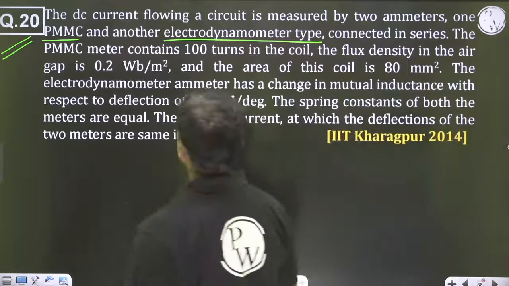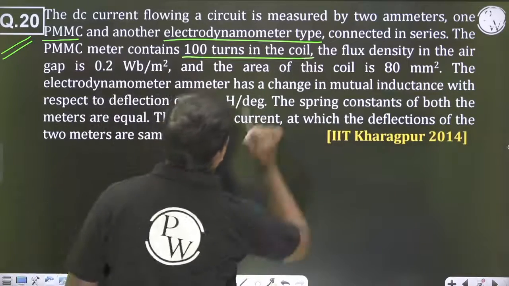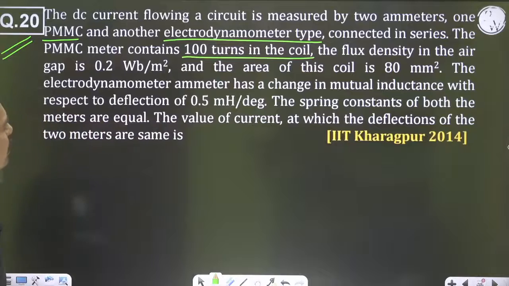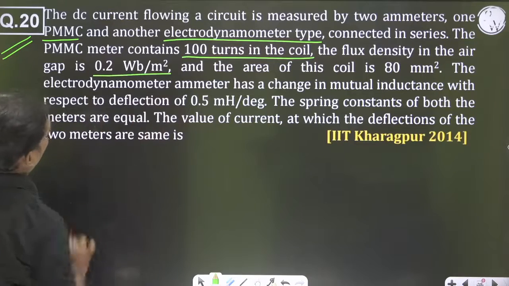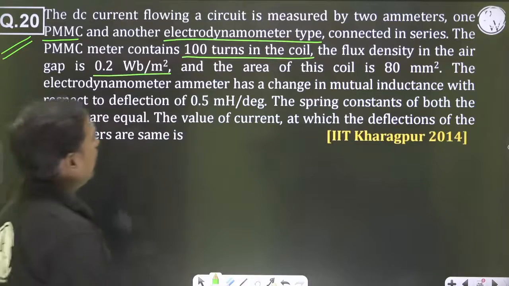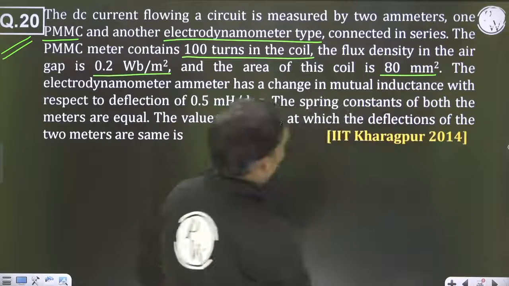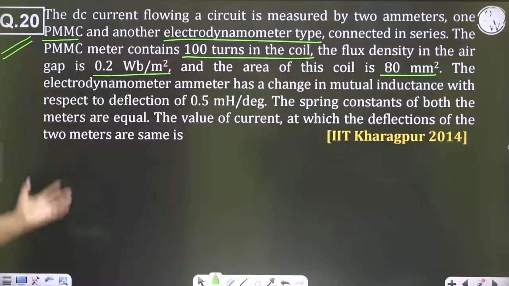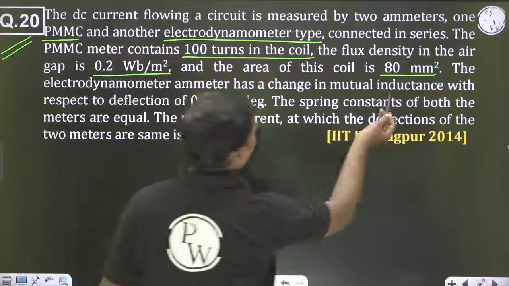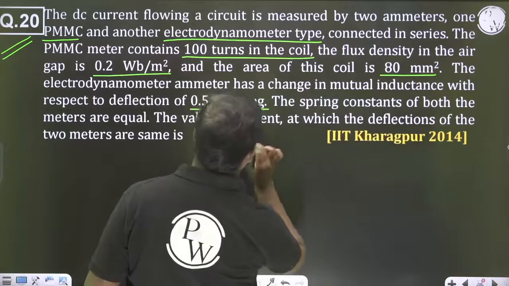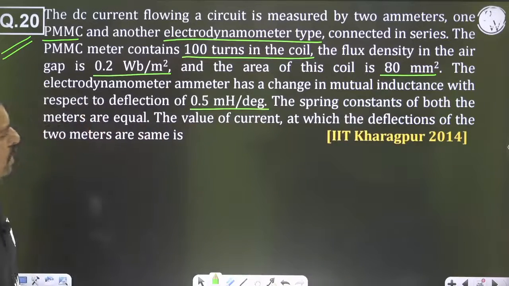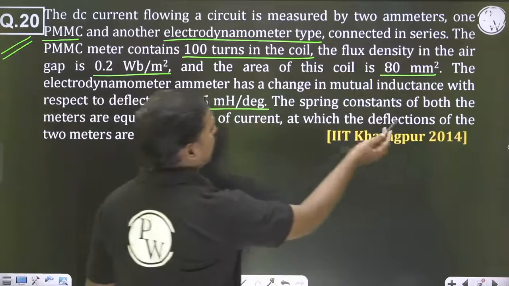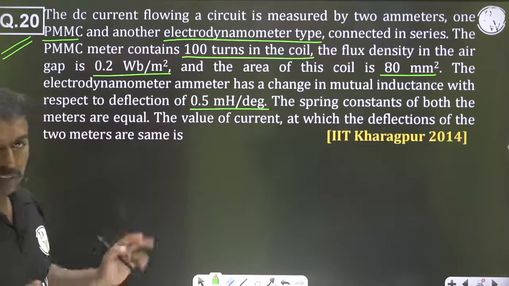The PMMC contains 100 turns in the coil. The flux density in the air gap is 0.2 Weber per meter square, and the area of this coil is 80 mm square. The electrodynamometer ammeter has a change in mutual inductance of 0.5 millihenry per degree. The spring constants of both the meters are equal. The value of current at which the deflection of the two meters are the same is dash.